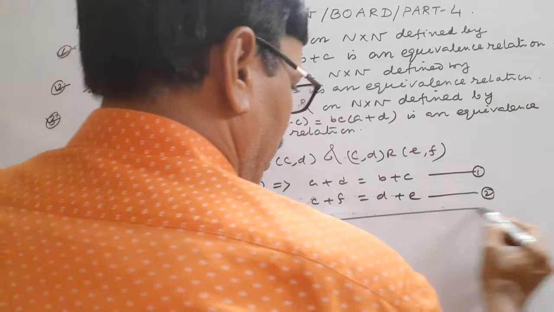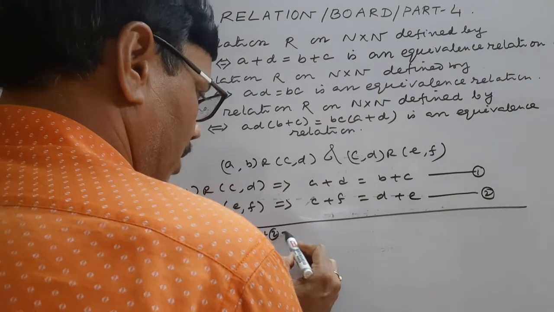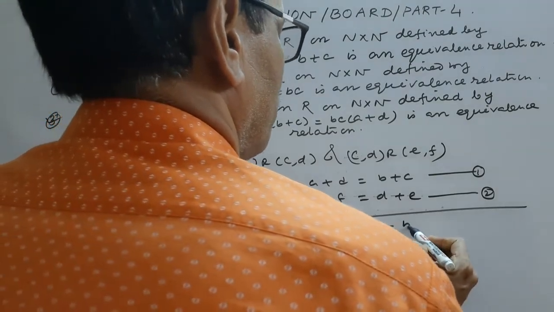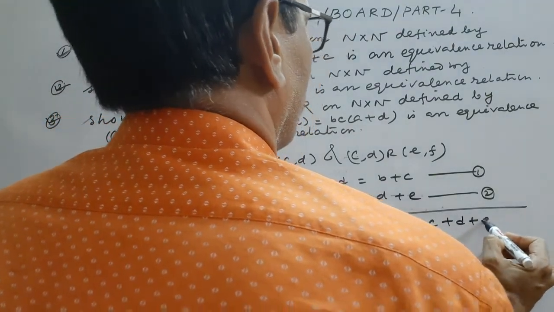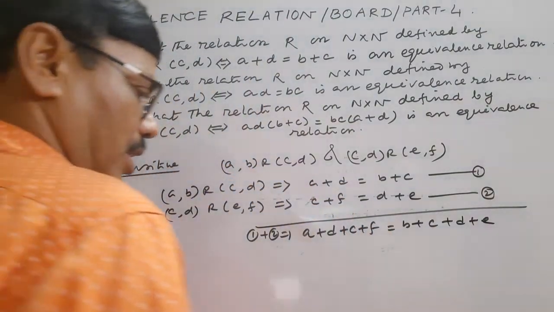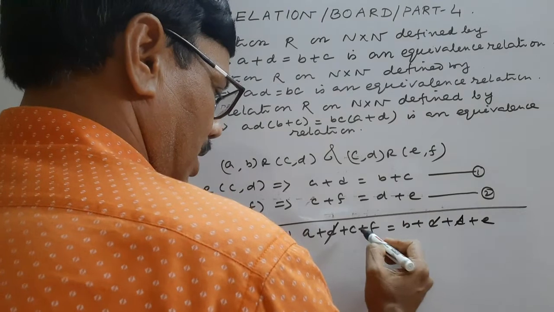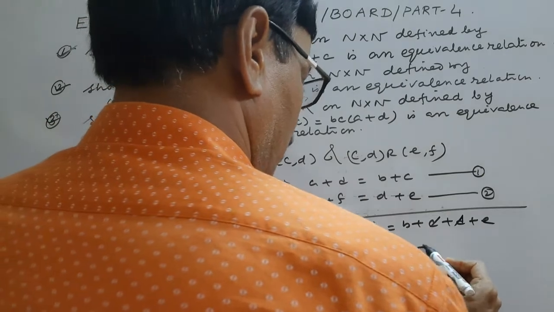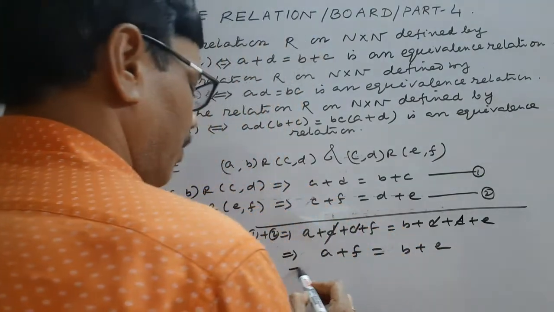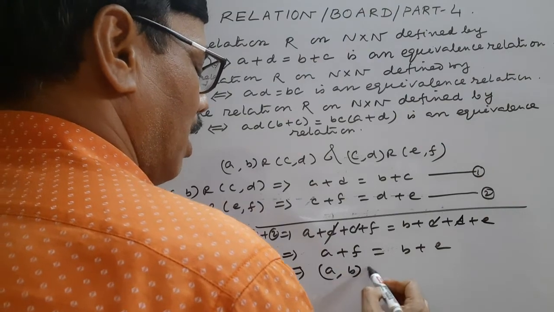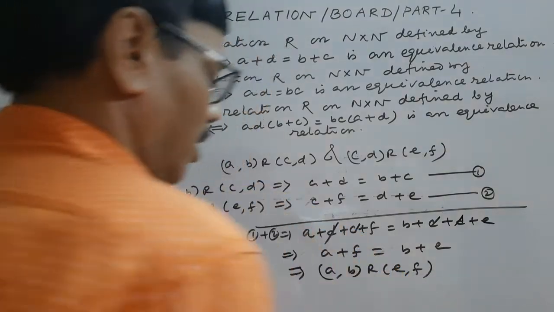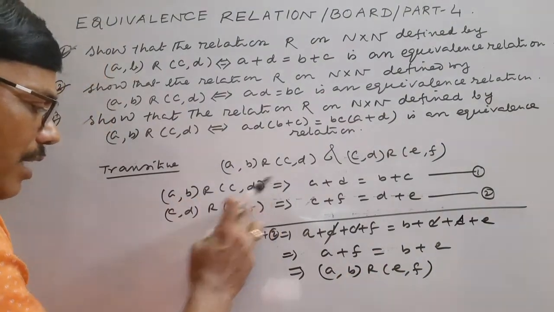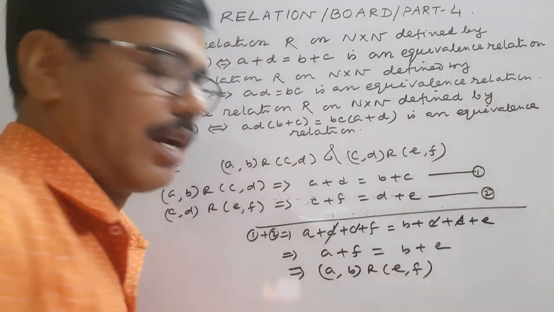So if you add 1 and 2, A plus D plus C plus F equals B plus C plus D plus E. So D and D cancel, C and C cancel. So we are getting A plus F equals B plus E. This implies (A, B) R (E, F). So (A, B) R (C, D) and (C, D) R (E, F) implies (A, B) R (E, F).